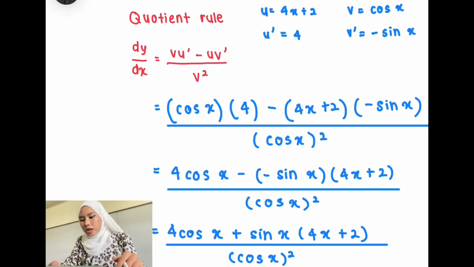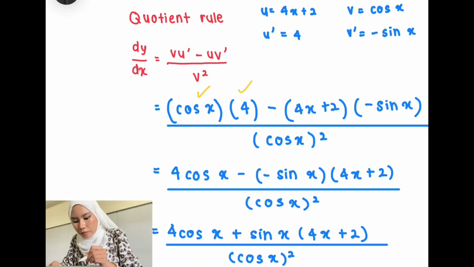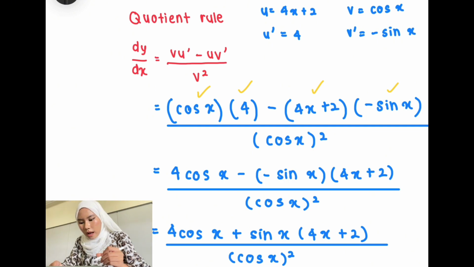Our v is cos x times our u prime which is 4, minus our u which is 4x plus 2, times our v prime which is negative sin x, and then we have cos x squared. 4 times cos x gives 4 cos x, and then minus negative sin x times 4x plus 2, and again over cos x squared.